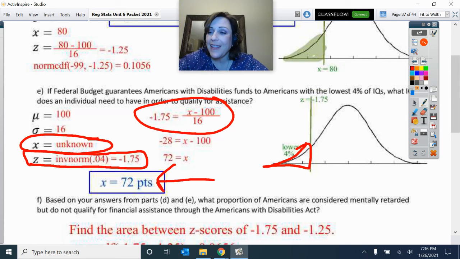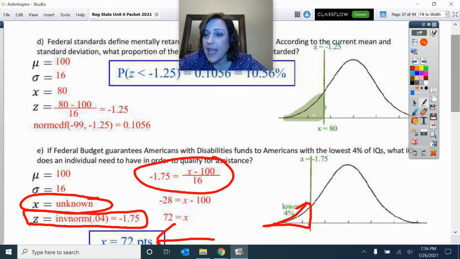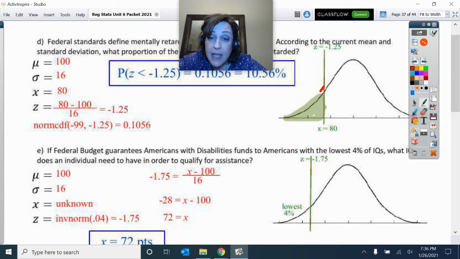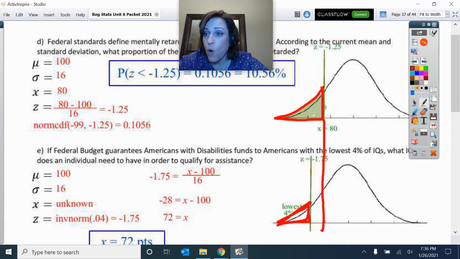Okay, but here it is. Look here. If 10.56% of IQs are classified as mentally retarded, but only 4% of them receive federal funds, then I'm interested in what's happening in between those things.